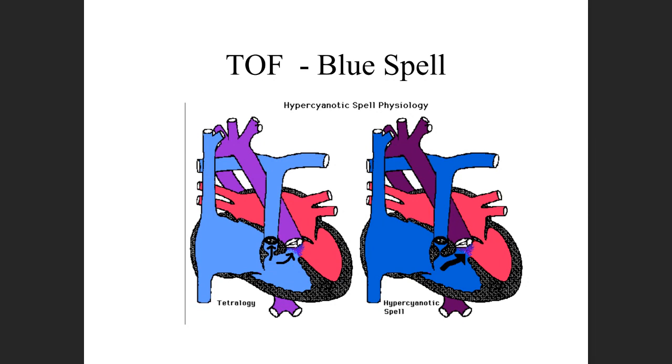This is because of the stimulation of the respiratory center, because of the low oxygen and the high bicarbonate levels. These patients will begin to hyperventilate, which is not a good thing in a blue spell, because the more they hyperventilate, the more blood is going to be drawn into the right ventricle, and the greater the right to left shunt.